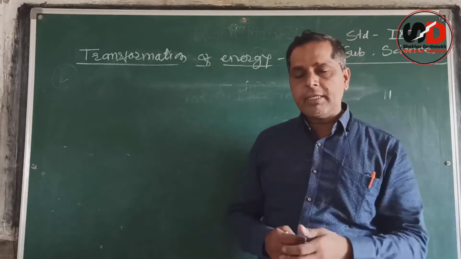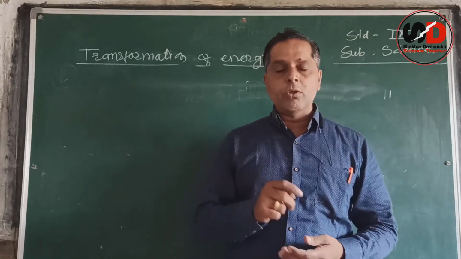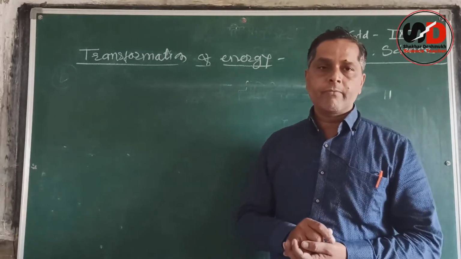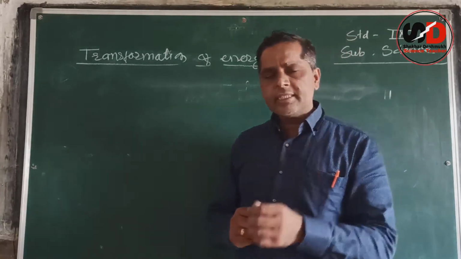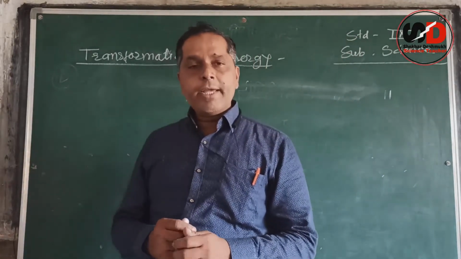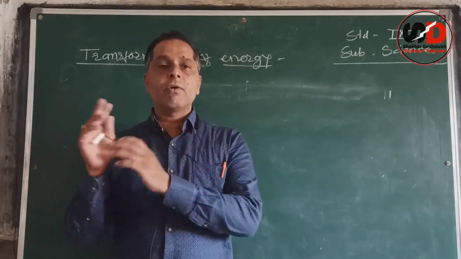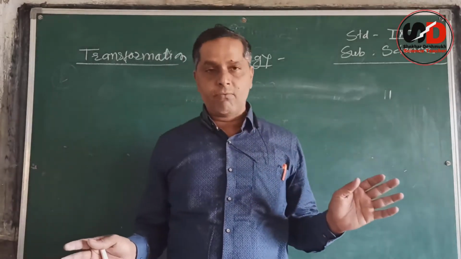A diagram is given in the book, in the notebook. You can see this diagram here in this video also. Just see this diagram and we can easily find out how we can convert one form of energy into another form.